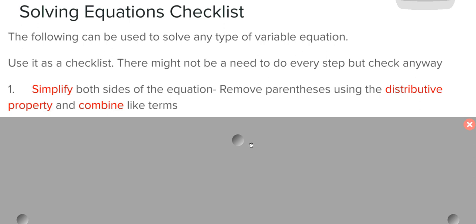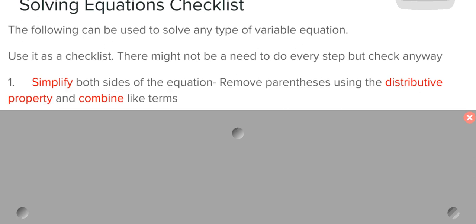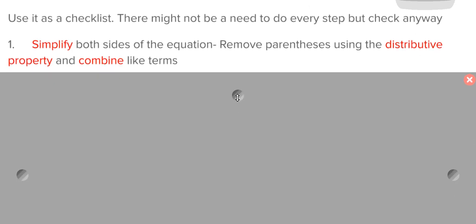So if you've got 2x and 4x on one side of the equation, squash those together and make that 6x if they're being added together. So step one would be make sure both sides of the equation are as simplified as possible. Don't worry about combining one side to the other. Just on the left and the right, are they as simplified as they can be? So that's step one, simplify both sides of the equation.